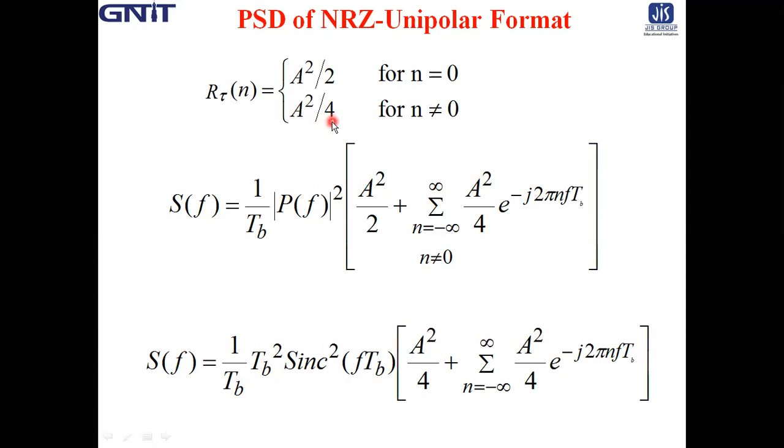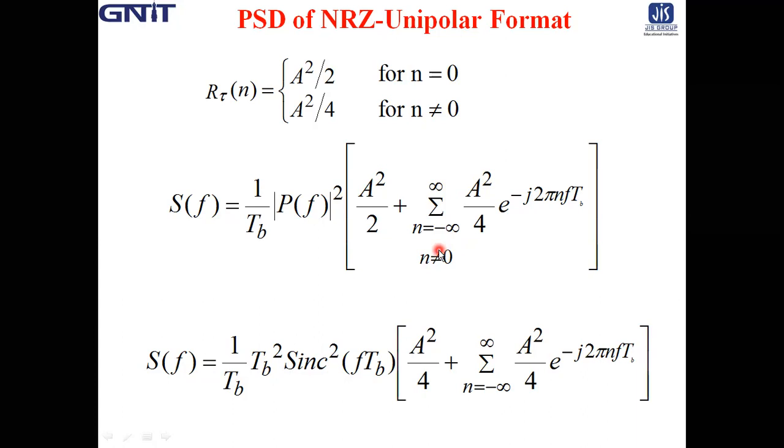Now we move to the calculation of the PSD, S(f), which is 1/TB |P(f)|². So the first term is for n equal to 0, which is A²/2, and the rest of the terms are A²/4 e^(-j2πnfTB), with the summation limit from n equal to minus infinity to plus infinity, but n not equal to 0.